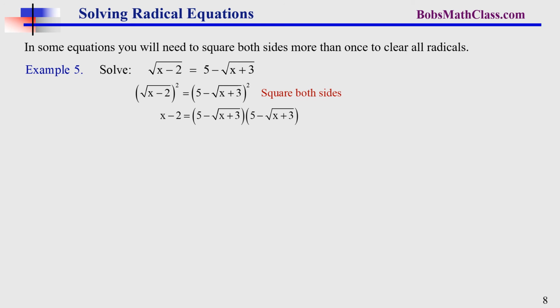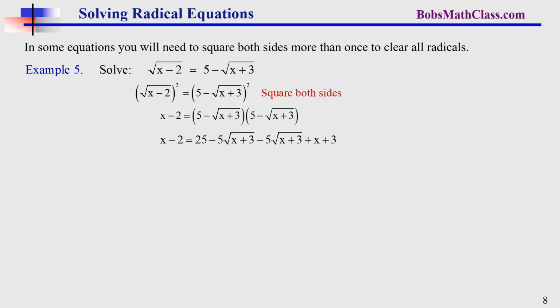And the last terms, negative square root x plus 3 times another negative square root x plus 3. Negative times a negative is a positive, so it will be positive. And whenever you multiply a square root by itself, the answer is just the radicand without the square root.